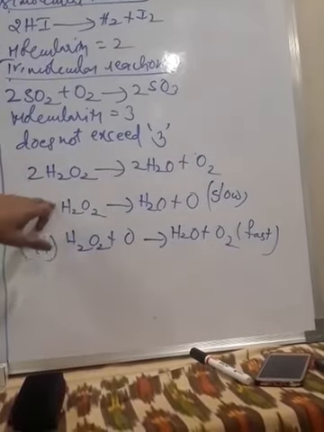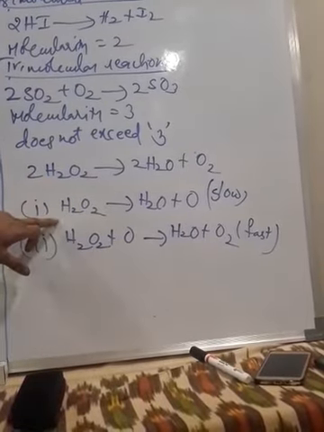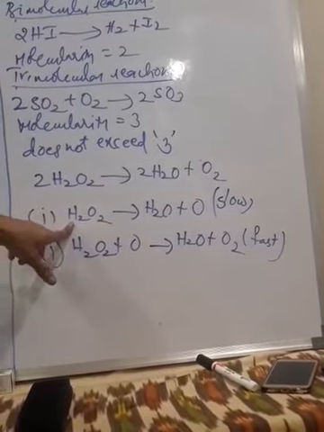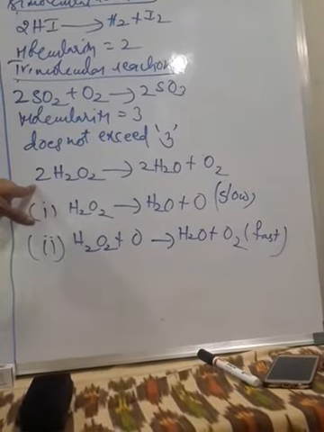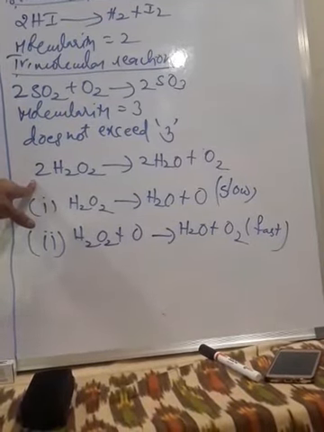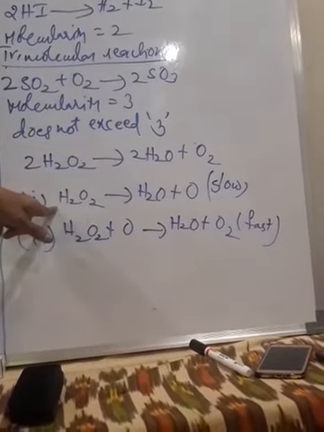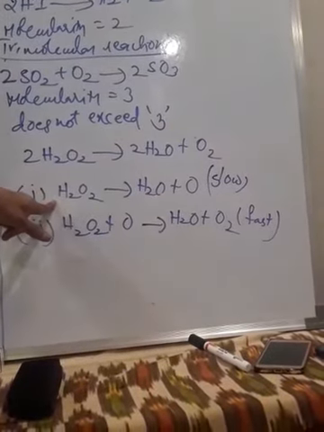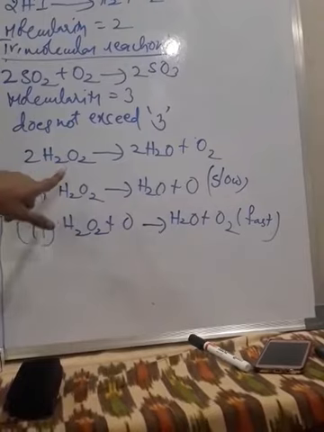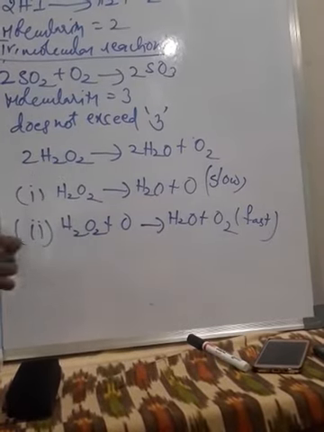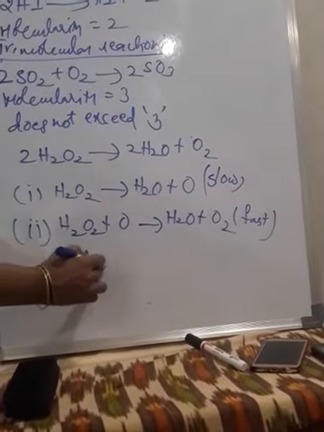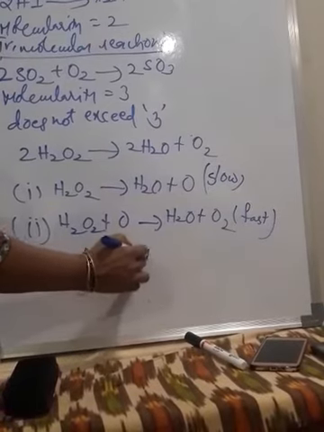And how many molecules take part in this step? Only 1. The main reaction has 2 molecules of H2O2, but in the rate determining step only 1 molecule of H2O2 takes part. That's why its molecularity is 1.